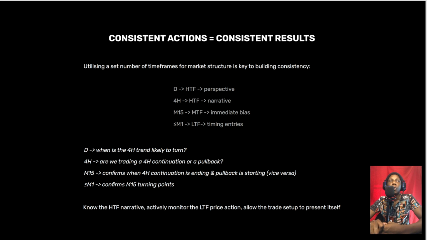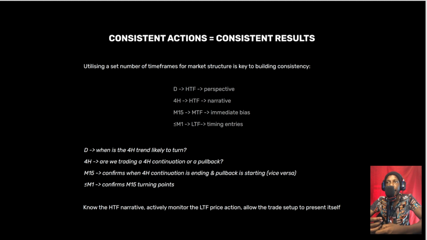Okay, so now the daily tells you when the 4-hour trend is likely to turn. When I look at the daily, I'm asking, when is the 4-hour likely going to turn? We're watching the 4-hour to see: is it in a continuation or in a pullback? Is the market running up or is it running down? What is it doing? Is it continuing or is it making a pullback?